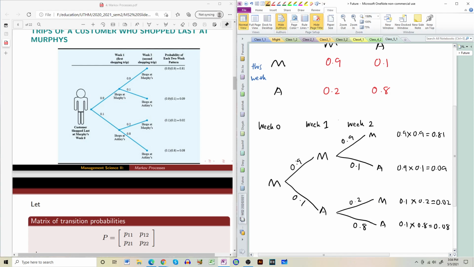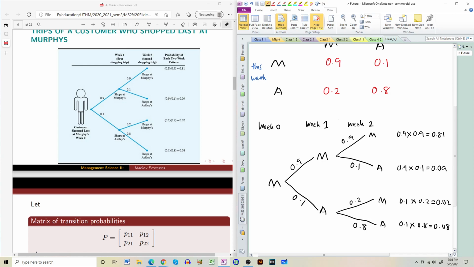Now, the first week he ends up at Murphy's. The probability is this one. Okay, the probability that first week he ends up at Murphy's is 0.9. First week he ends up at Ashley's is 0.1.